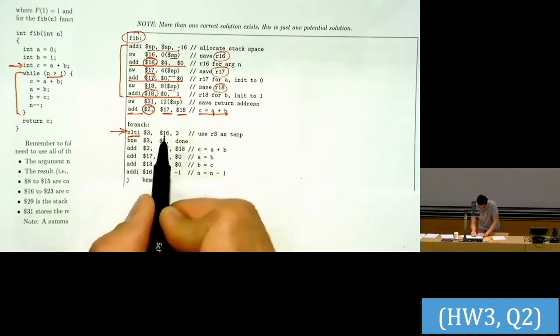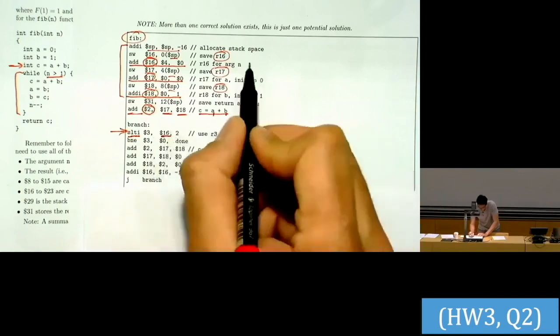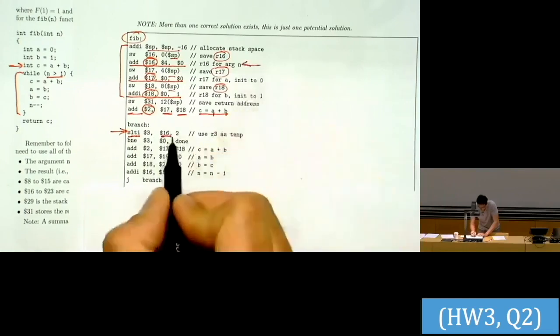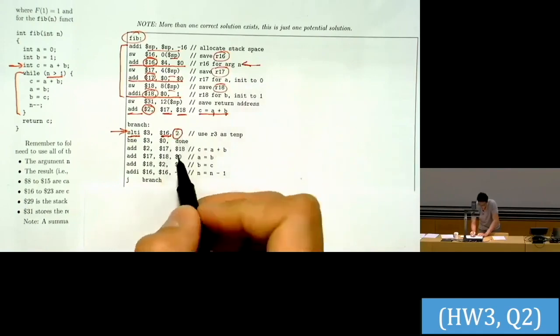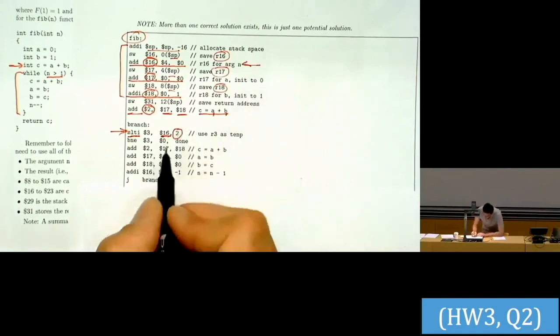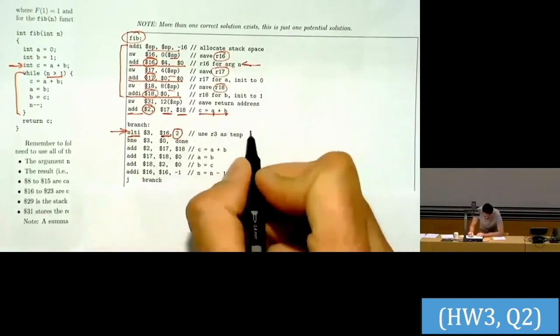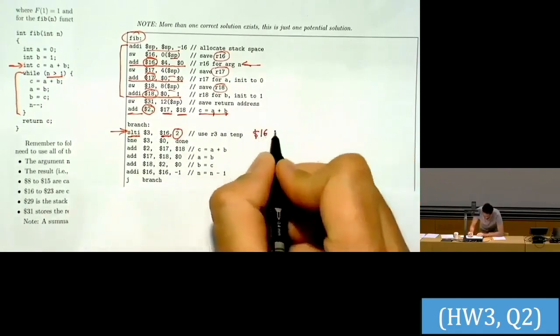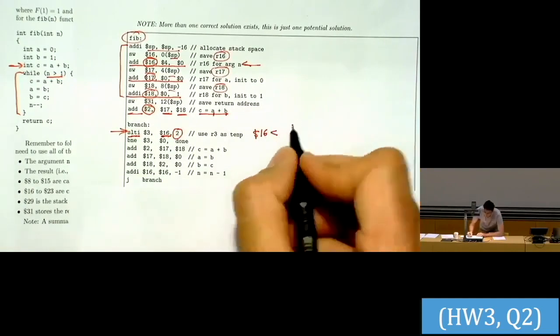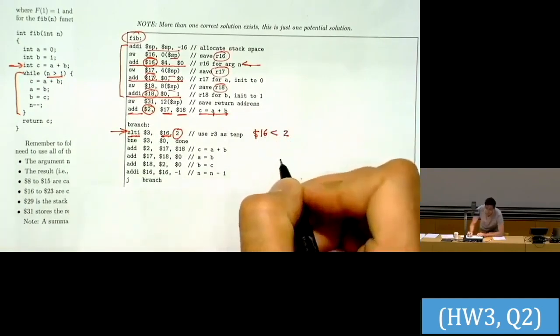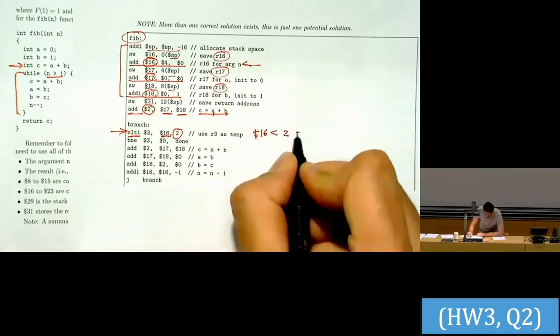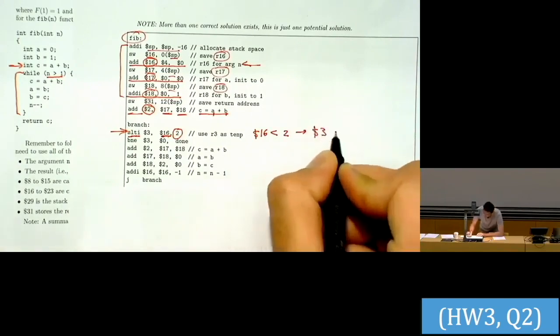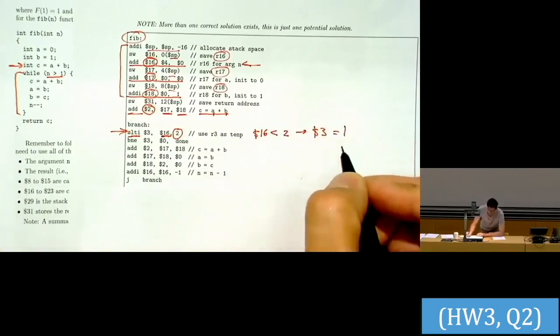We compare this register 16 that contains n to 2, and if register 16 is less than 2, then register 3 will be equal to 1.